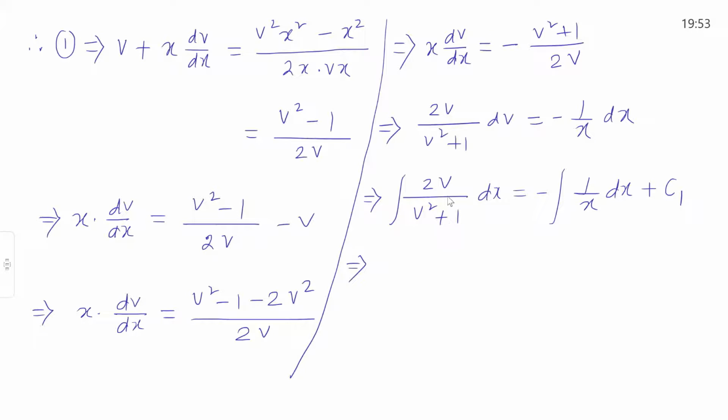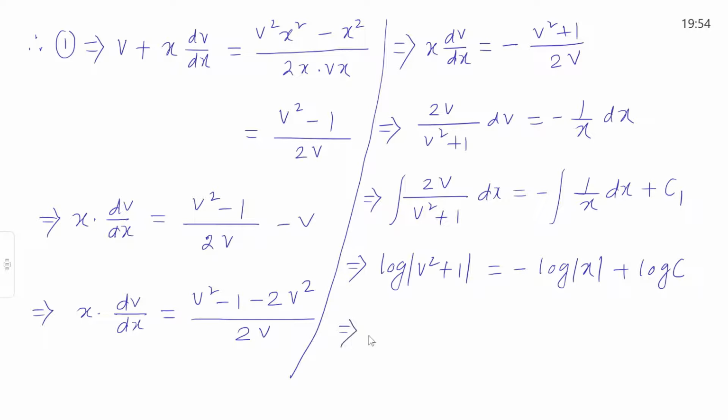For the integral, don't worry, because the derivative of v square plus 1 is twice v only. When f dash x by fx is there, the result is log of the denominator. So I write log of v square plus 1 is equal to minus log of x, only log of mod x, plus the constant. Since both expressions have logarithms, I write the constant as log of c.